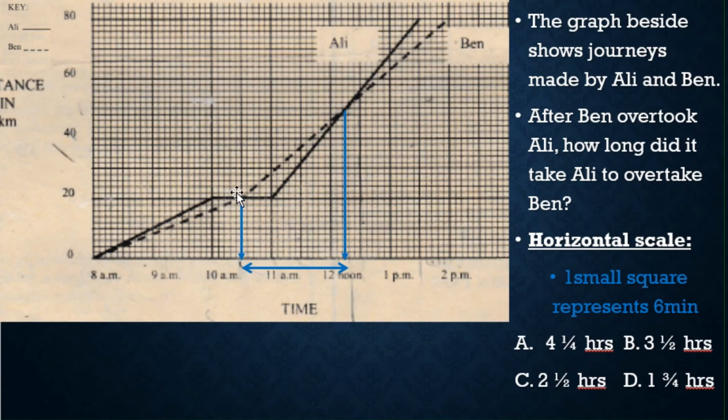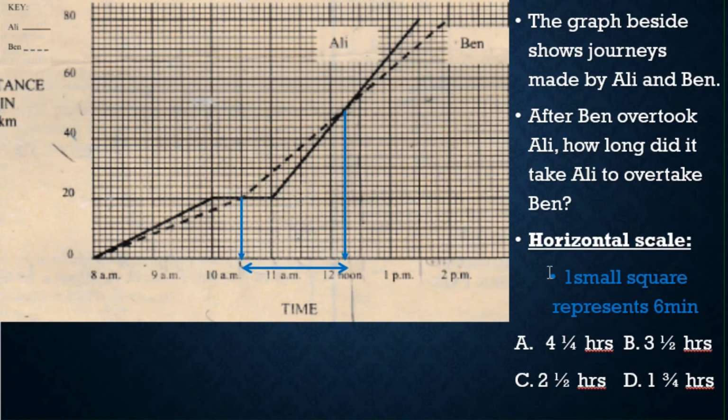So the first overtake started at 10:30 a.m. at this point here. The next overtaking, where the lines are meeting, started at 12:15 p.m. So we get the difference, and the difference between 12:15 and 10:30 is 1 hour 45 minutes. When you change 45 minutes, it becomes 3/4 of an hour.